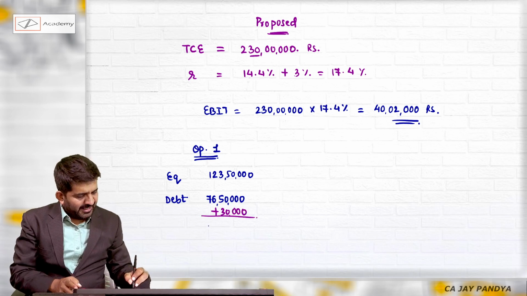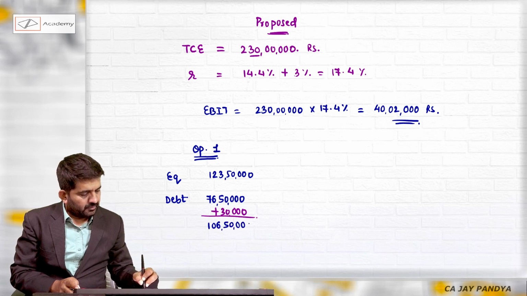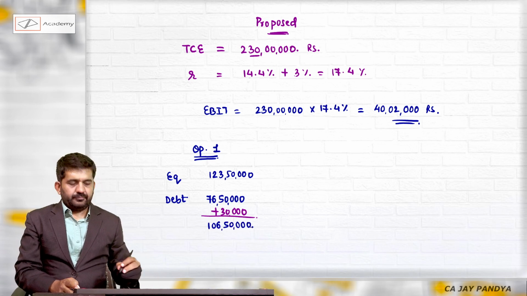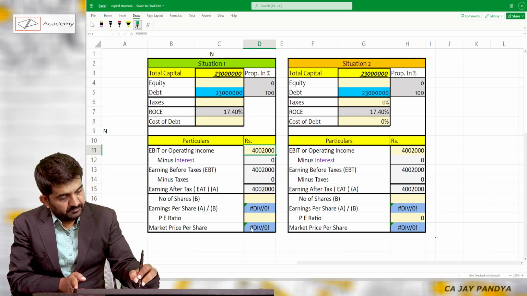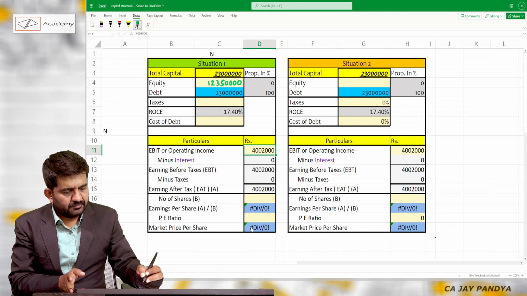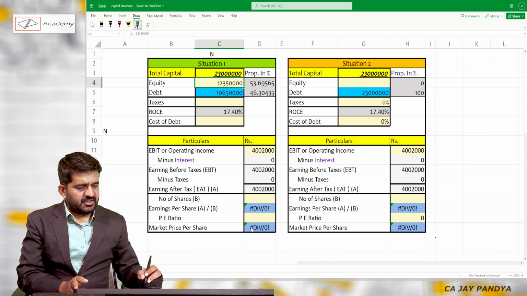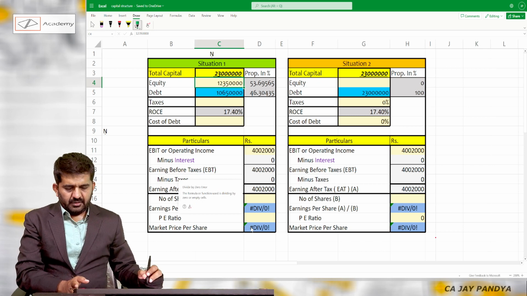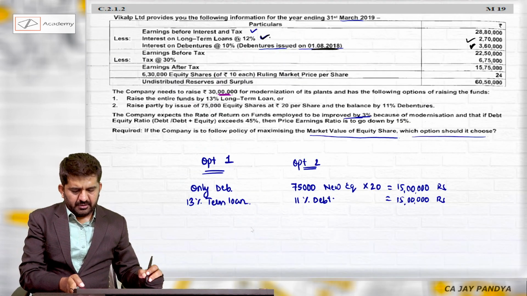So total debt will be 1 crore 6 lakh 50,000. So equity will remain 123 50,000. Debt will be remaining, which is 1 crore 6 lakh 50,000. Taxes are given in the question, which is 30%.